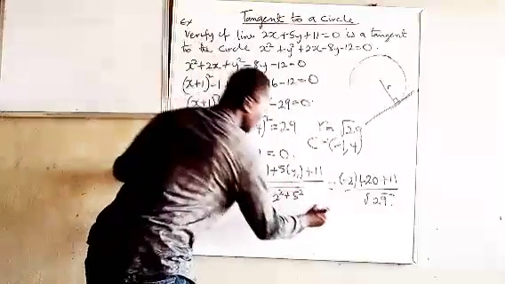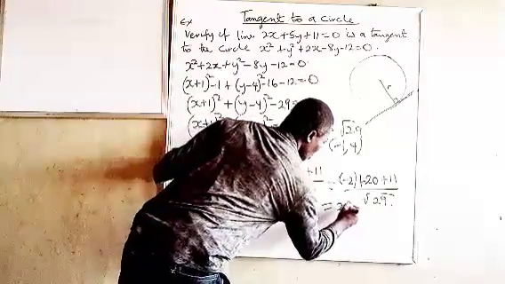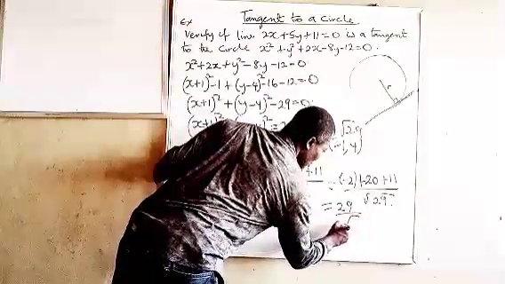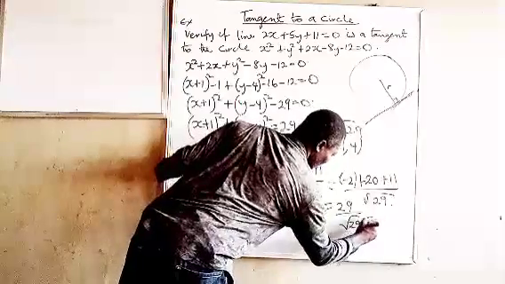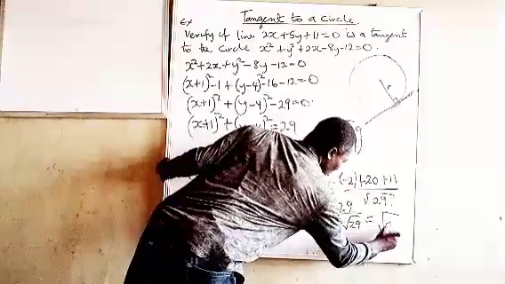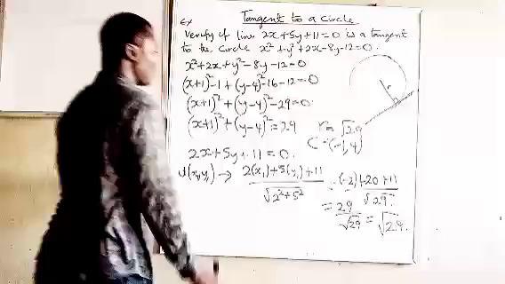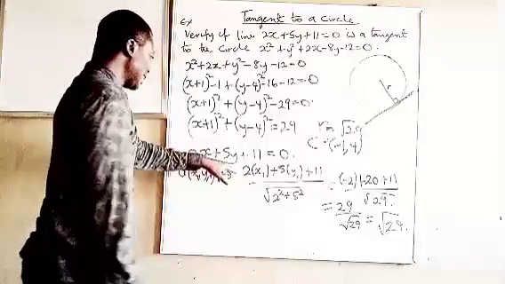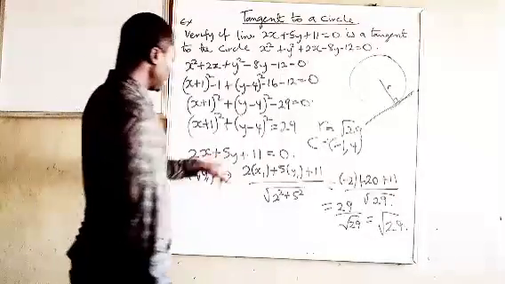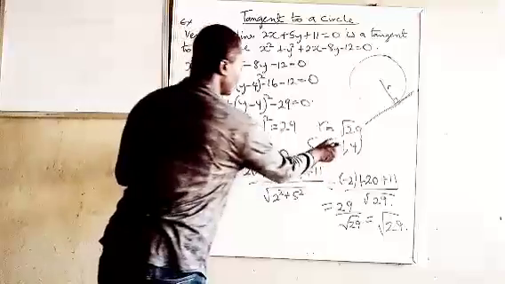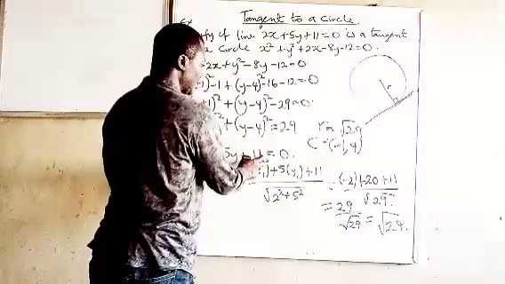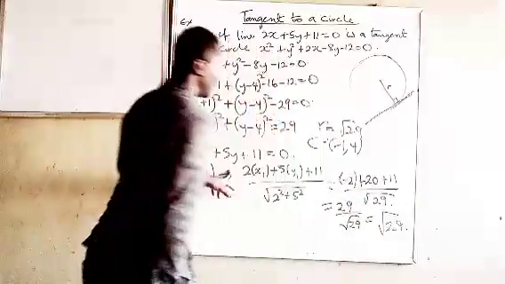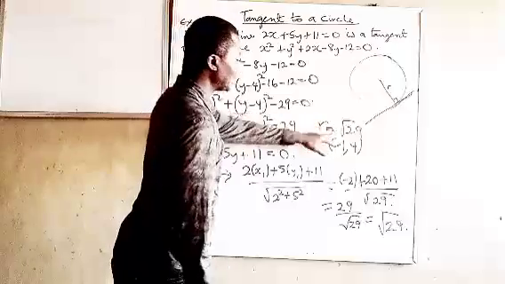So what does that give us? It gives us 29 over root of 29, which is root of 29. So from here we realize that the distance of the center (minus 1, 4) to this straight line is equal to root of 29, and the radius is also root of 29.